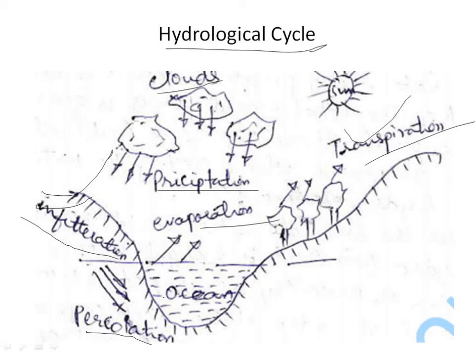Part of the land from where the runoff flows into the reservoir is called catchment area. Also, the part of land from where the water starts flowing is known as upstream, while the lower portion of the reservoir which receives water is known as downstream. Did you all get this?